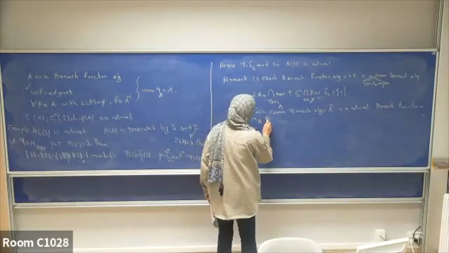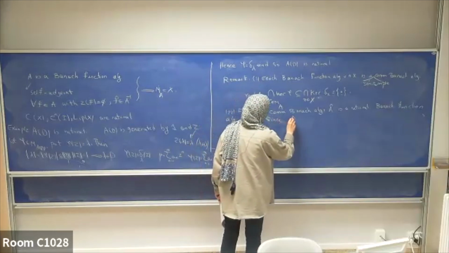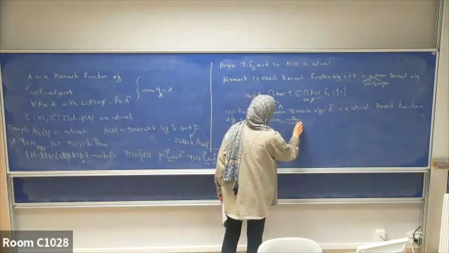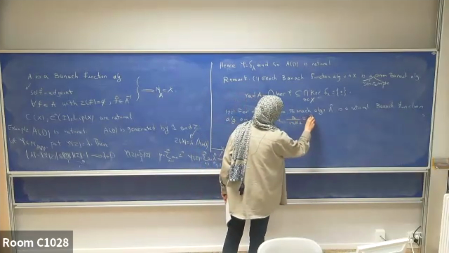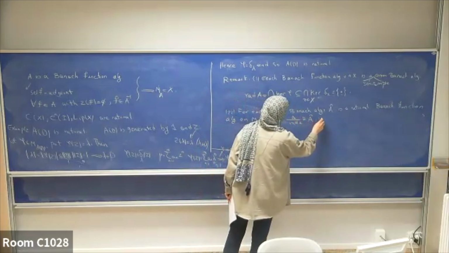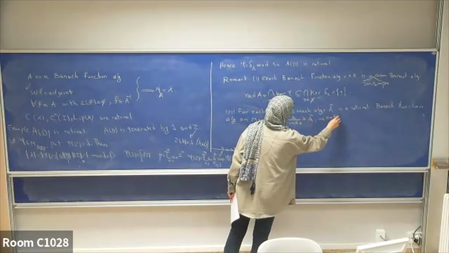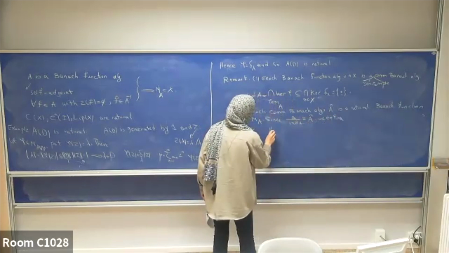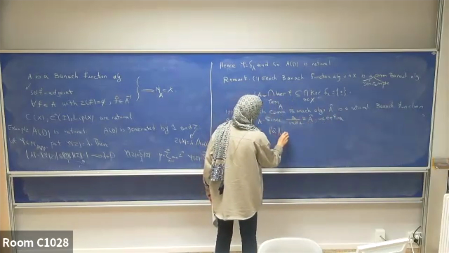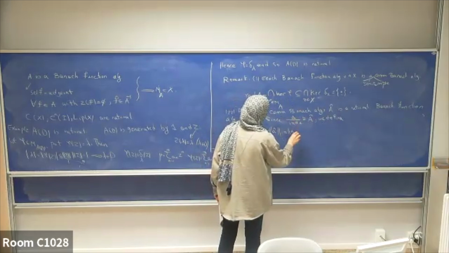Okay, since A over the radical of A is isomorphic to A hat, we define the norm of A hat to be the quotient norm here.